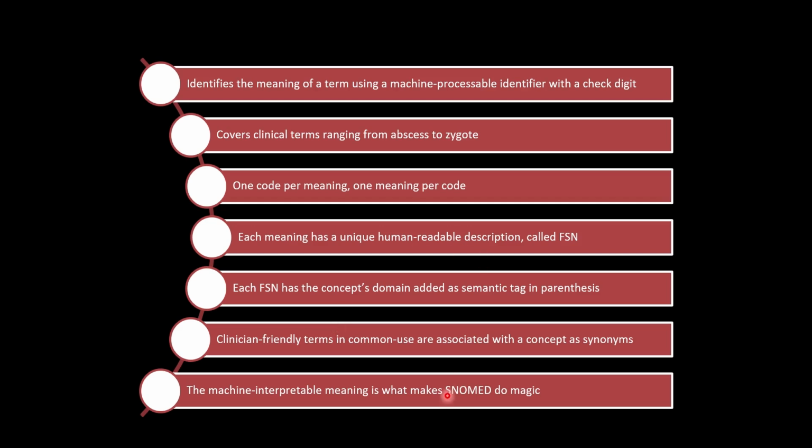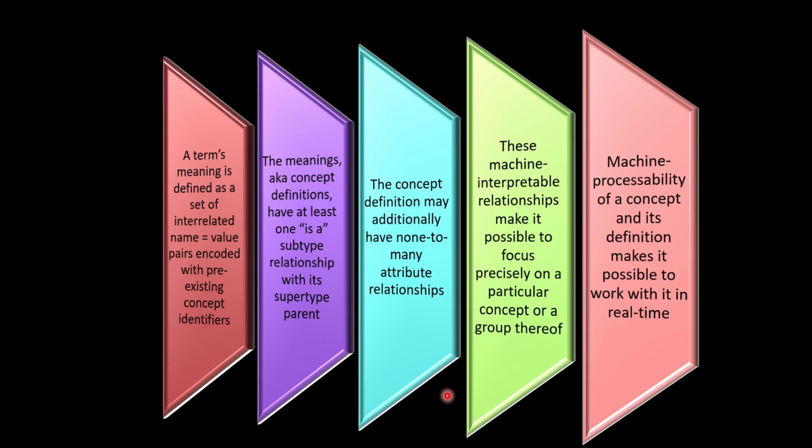Each unique meaning is assigned a unique machine processable identifier that has a check digit for integrity check by the machine on its own. The meaning is a machine processable and machine interpretable information model. The relationships that make up the meaning is what makes all the SNOMED magic happen. The term's meaning is an information model based as a set of interrelated relationships that are encoded using pre-existing concepts.